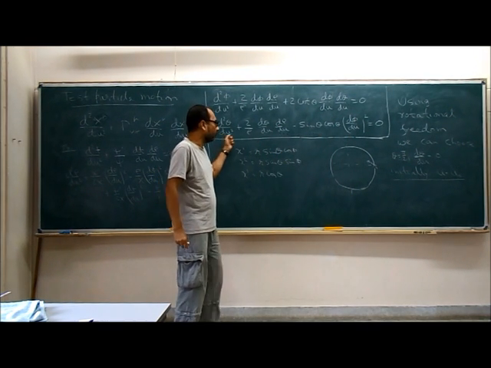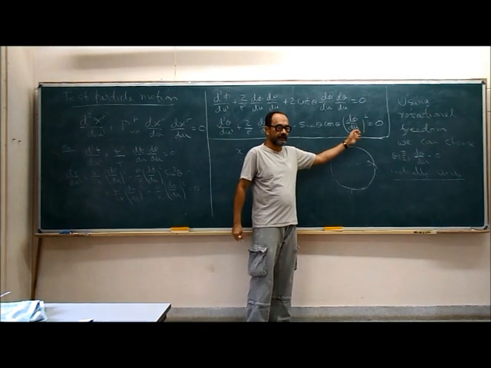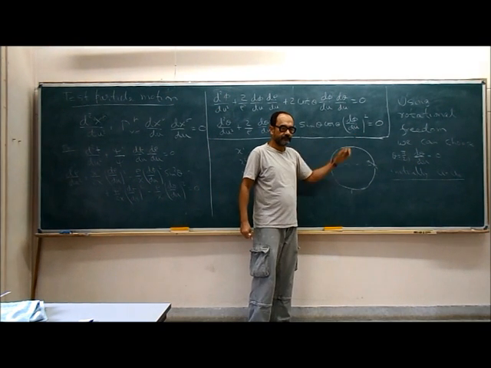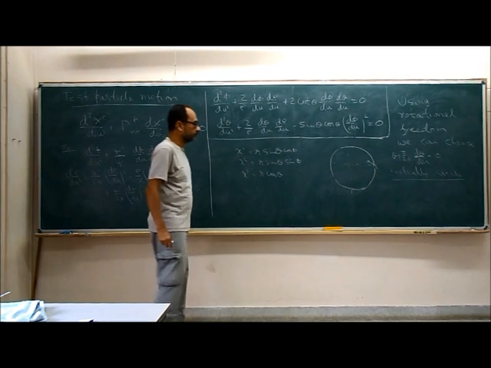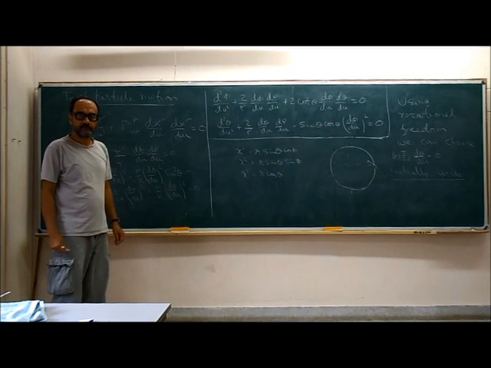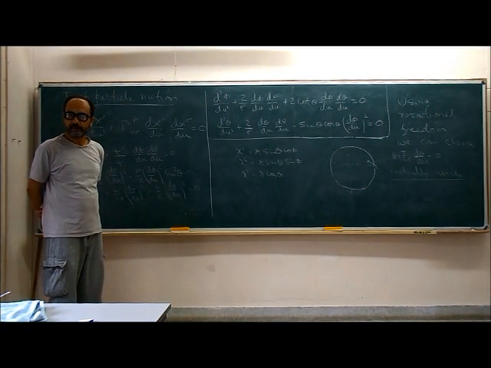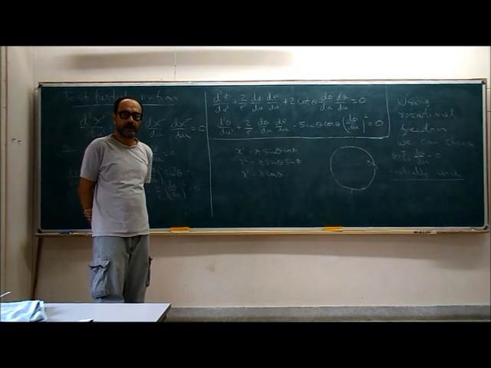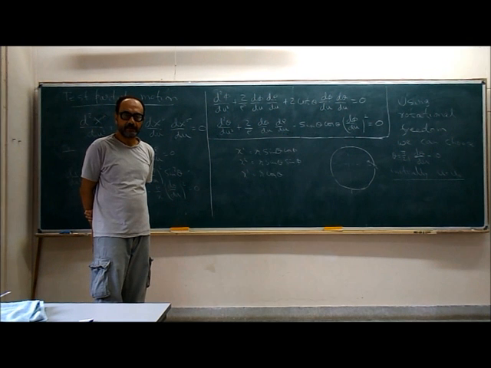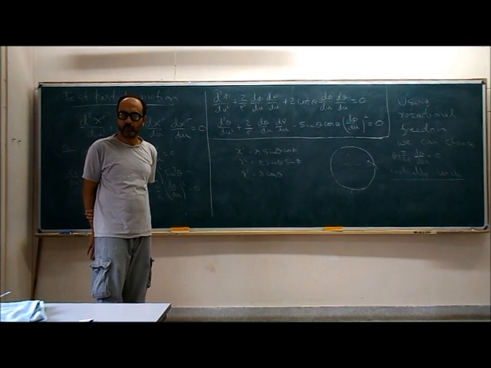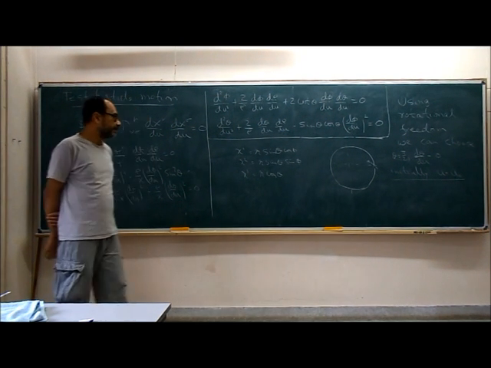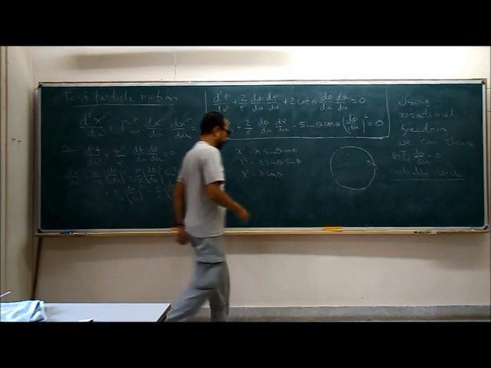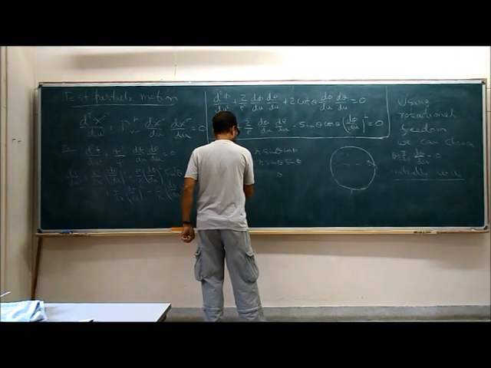This doesn't depend on what this function is and what this function is. So this shows that you can focus on a motion where theta is equal to pi by 2 all through, and that clearly simplifies things a lot. So we'll now rewrite the equations under that condition.